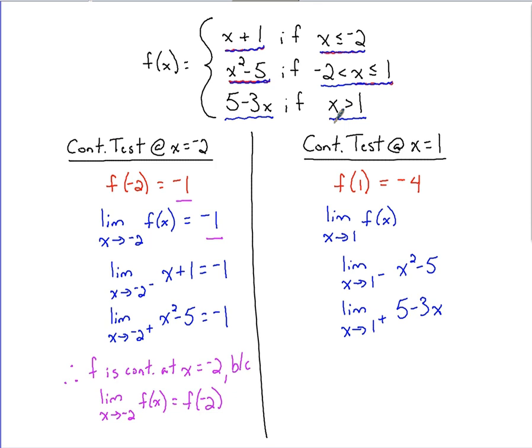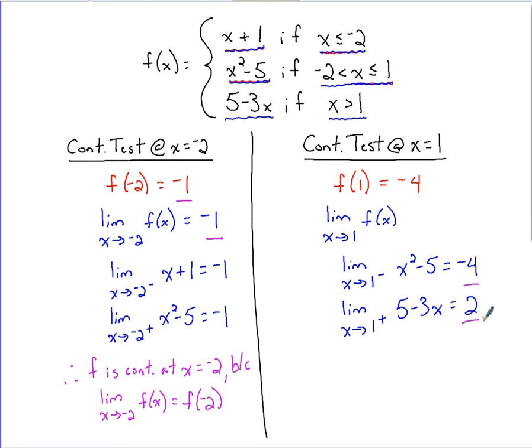Now we plug in for each of these limits. We plug in 1. We get 1 squared here minus 5, so -4. For the right-hand limit, we plug in 1. If I plug in 1 for x, I have 5 minus 3 times 1. That'd be 5 minus 3, or 2. Notice we got different values back for the left and right-hand limits.